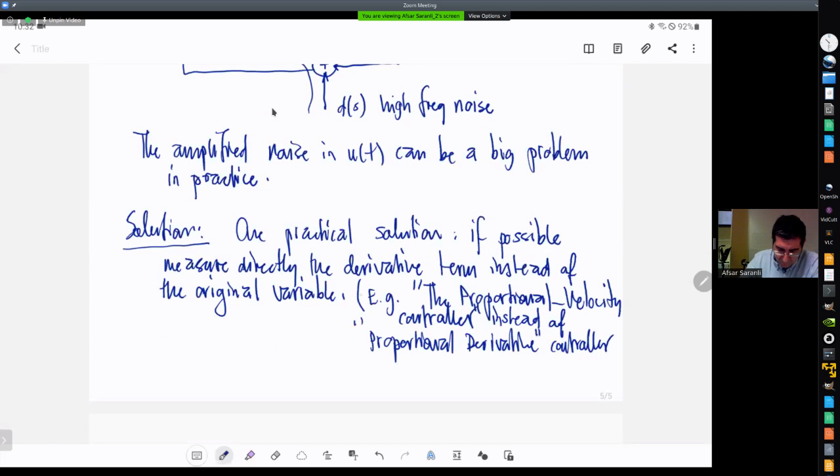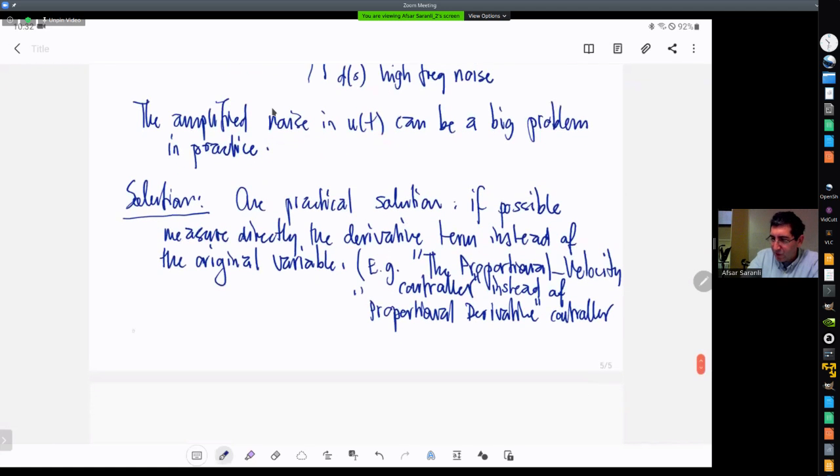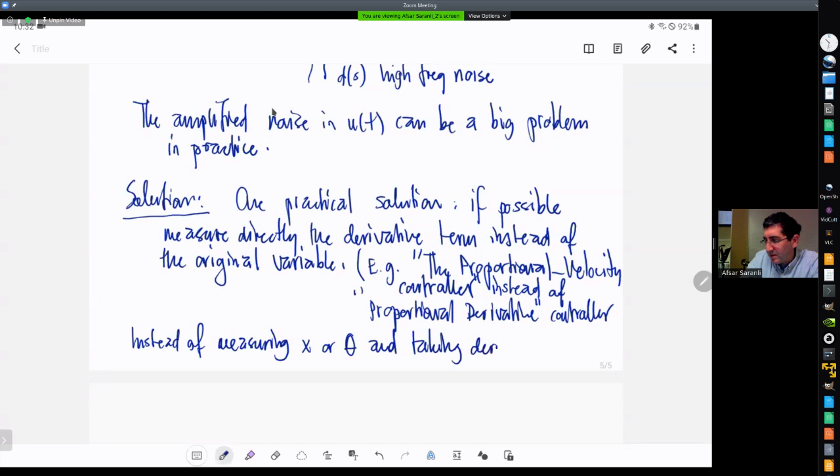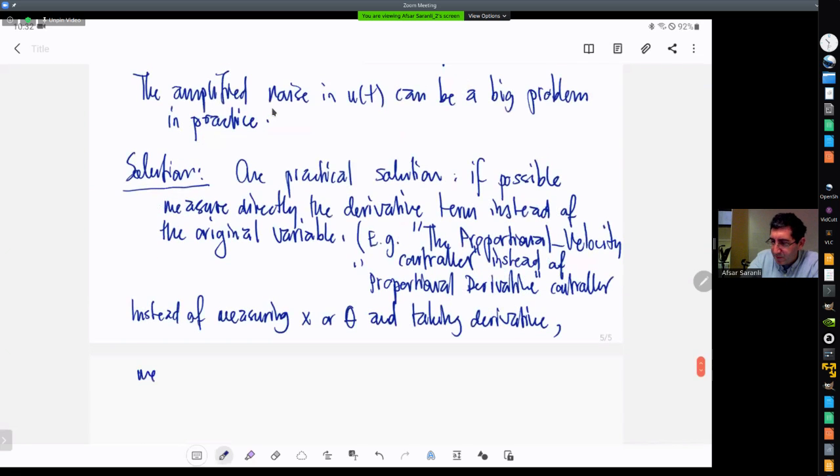So that means instead of measuring x or theta and taking the derivative, measure x dot or theta dot directly using a suitable sensor.